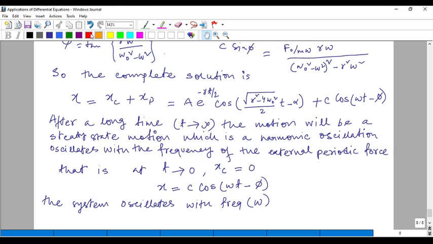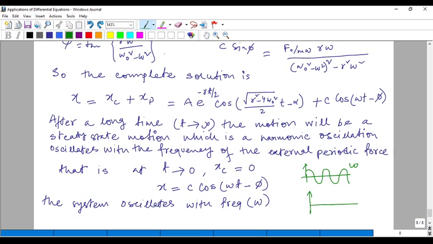Suppose this is the external force, which is oscillating with frequency omega. Then the oscillator will also oscillate with the same frequency, but with a phase difference.